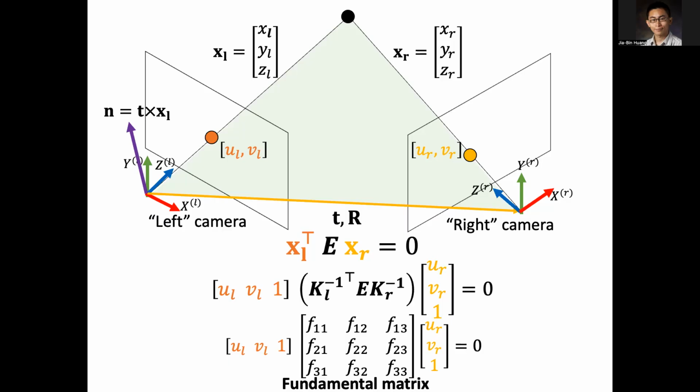Let's call it ABC, three numbers. What's left is ABC dot product with UR, VR, 1.